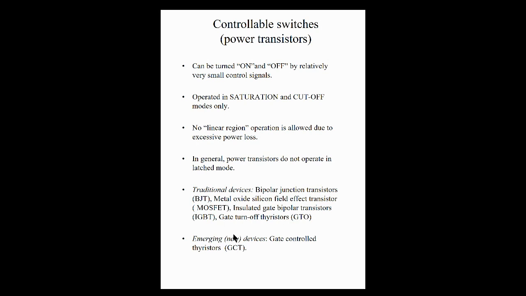And the newer type, the gate controlled thyristors. We'll be exploring those. If you recall, earlier I mentioned that I will bring those newer type devices early in the course as opposed to later down in the course.